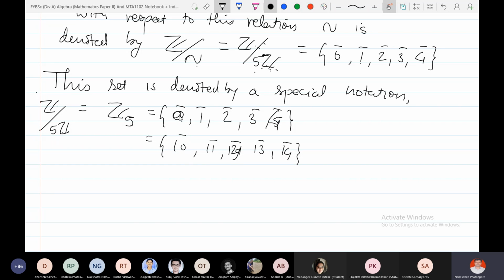Either you call 0 as a representative or 10 as a representative, the class is the same. 1 is in the class of 11, or 11 is in the class of 1. So for simplicity, we denote this set by 0 bar, 1 bar, 2 bar, 3 bar, 4 bar. That is simple to see, because there are 5 classes.